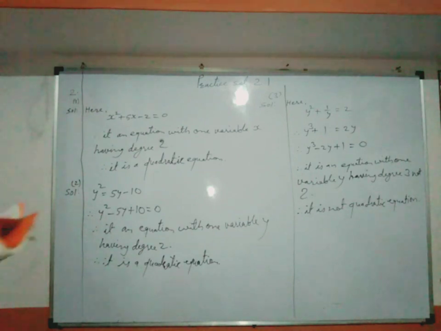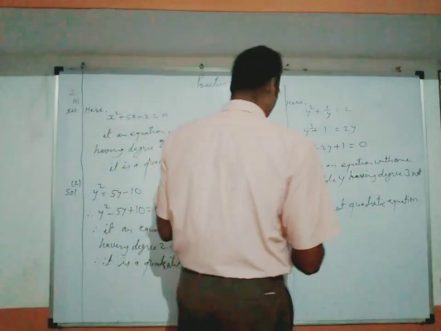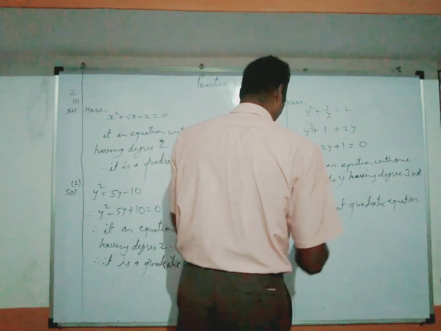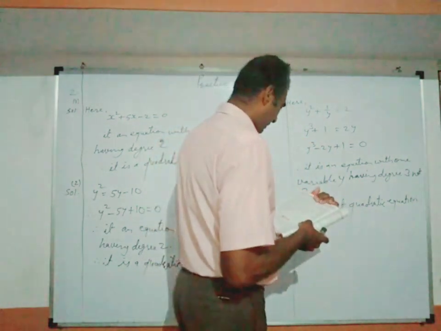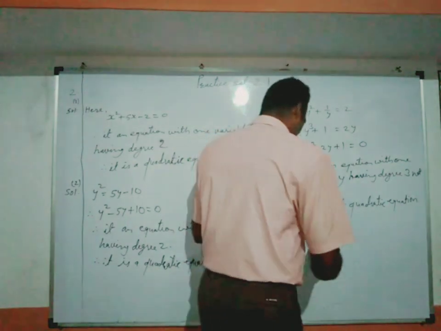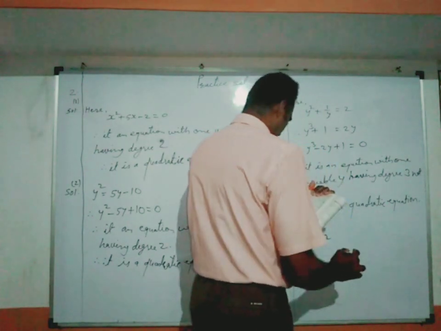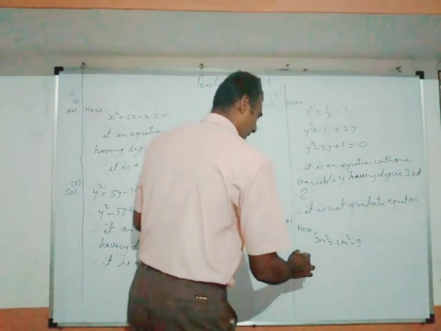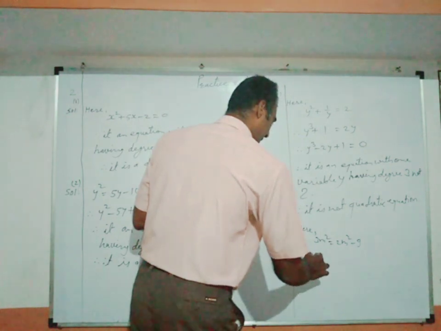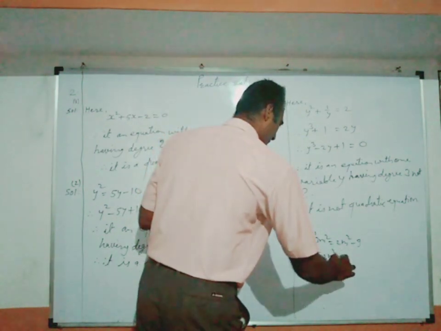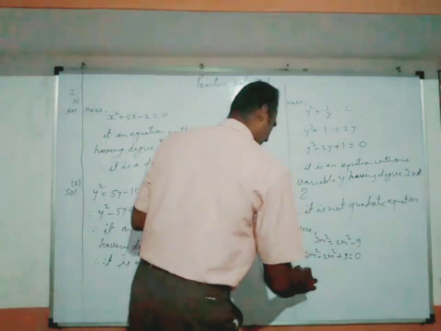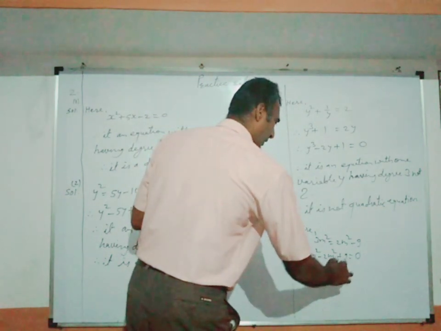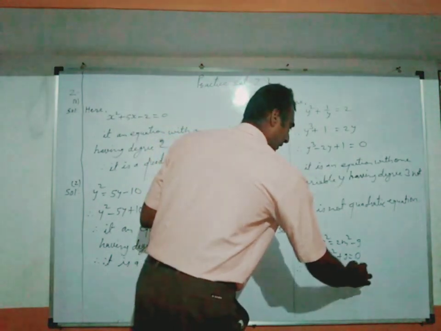Let's see fourth. Number 4, solution. Here, the given equation is 3m square equals 2m square minus 9. Therefore, it will be 3m square minus 2m square plus 9 equal to 0. And therefore, 3m square minus 2m square gives us m square plus 9 equal to 0.